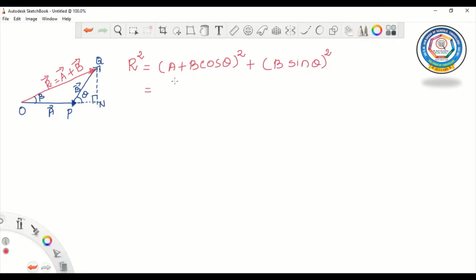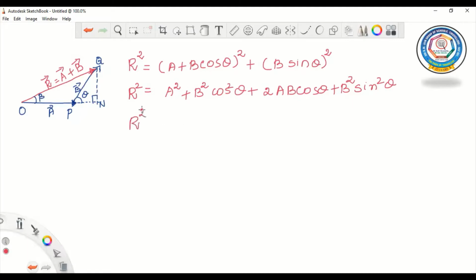So this is of the form A plus B the whole square, A square plus B square cos square theta plus 2AB cos theta plus B square sin square theta. So here you have B square cos square theta plus B square sin square theta.